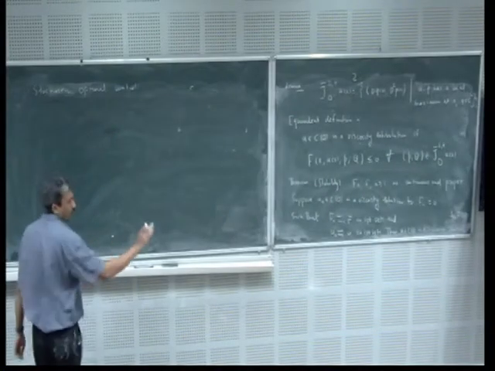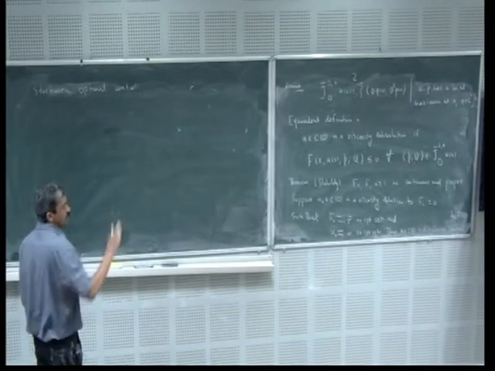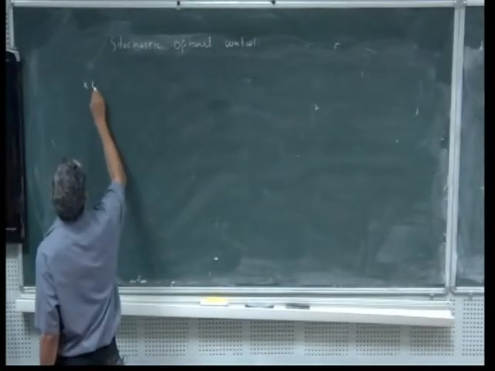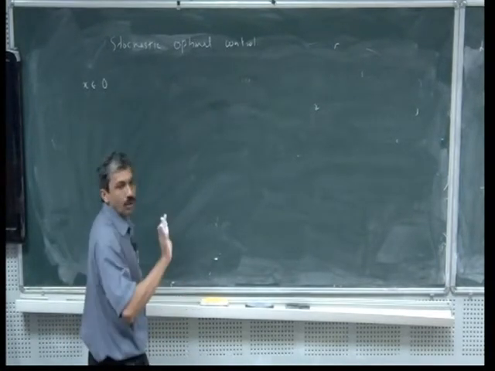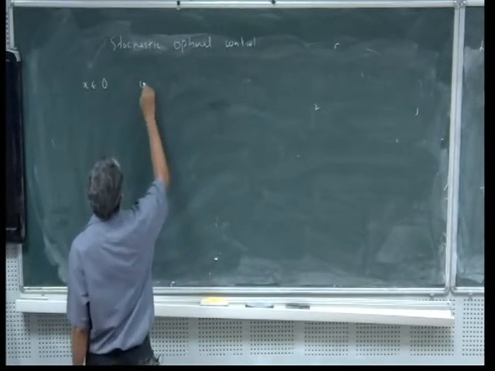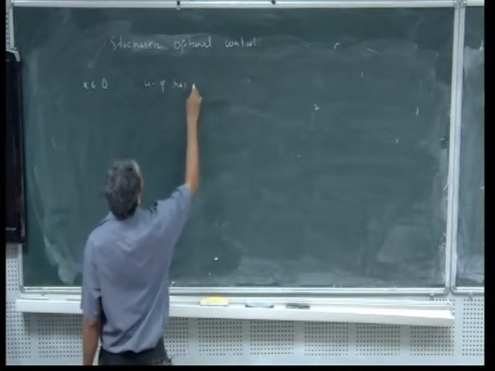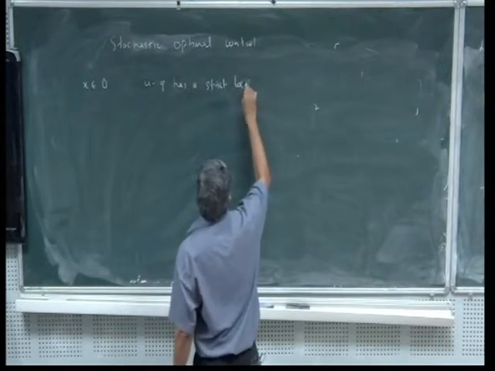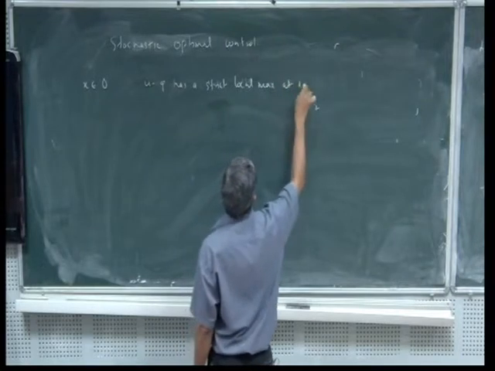So to prove that it's a viscosity solution, I am going to use the first definition. You just fix a point x in O, and then I start with something which has a strict local maximum. That will be easier. So let u minus phi have a strict local max at x.